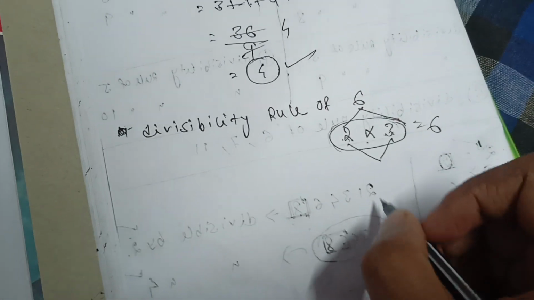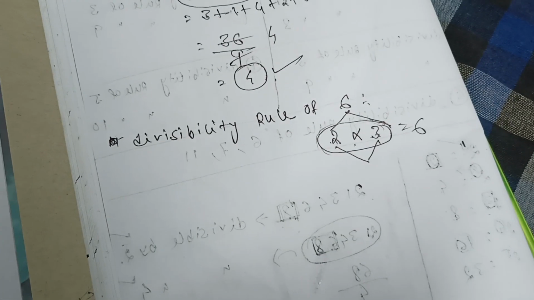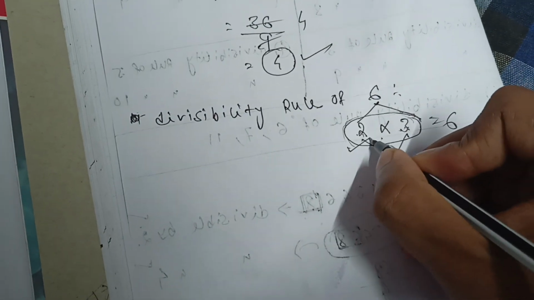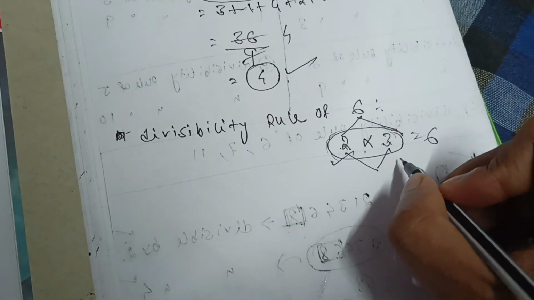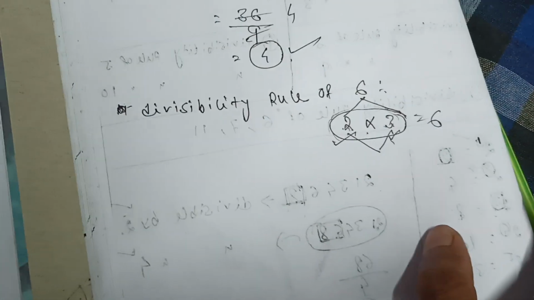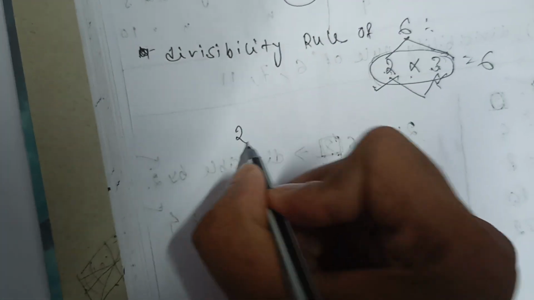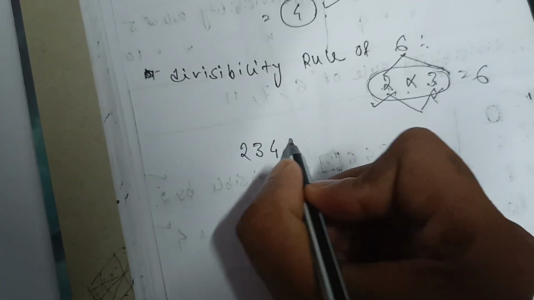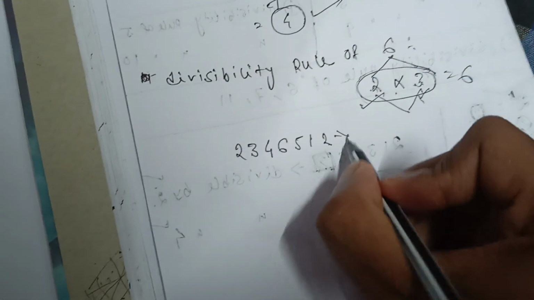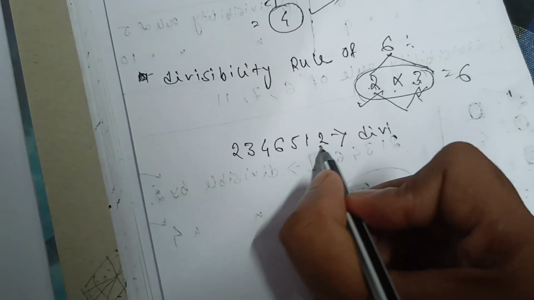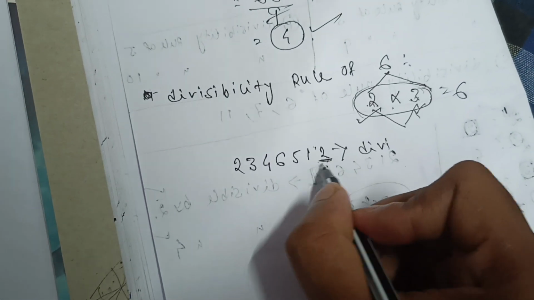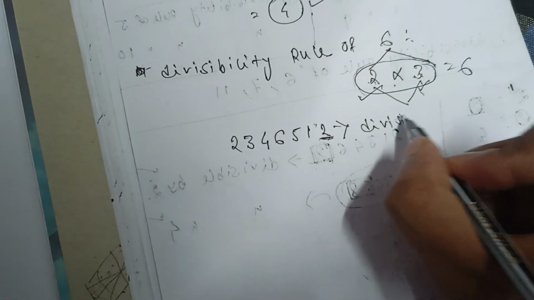So if we check the divisibility rule of 6, then we have to check whether the number is divisible by 2 or not, and also whether the number is divisible by 3 or not. Okay, so let's take another example: 2346512. This is divisible by 2, as we just have to check the last digit, and the last digit is a multiple of 2. That's why it is divisible by 2.